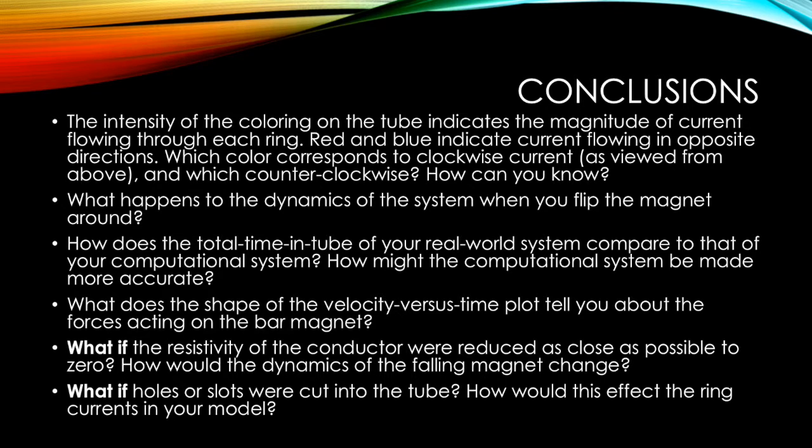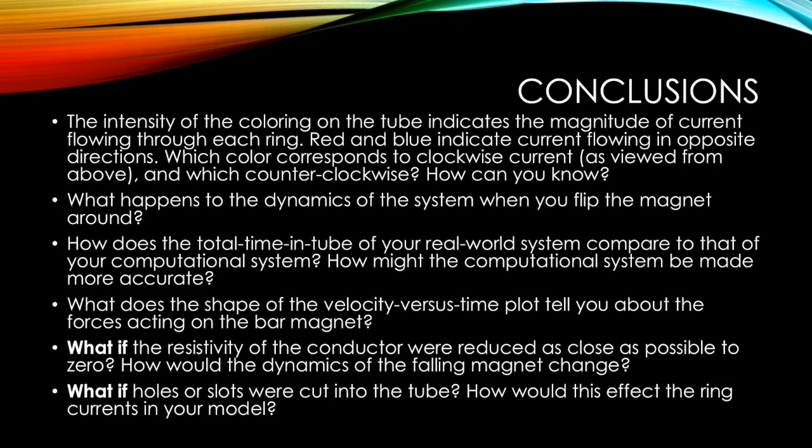My total time in tube of my real-life system was about 1/3 as long as my computational system, which after some fiddling with my code, I found that that could be due to the magnitude of mu, which I took from my third lab, which was 1.53.